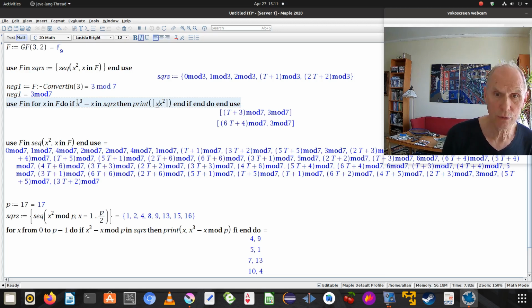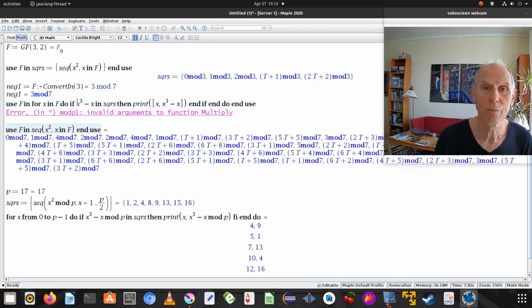Let's do the other one as well. Use fn, if x to the third is in squares, then print x and x to the third and x.